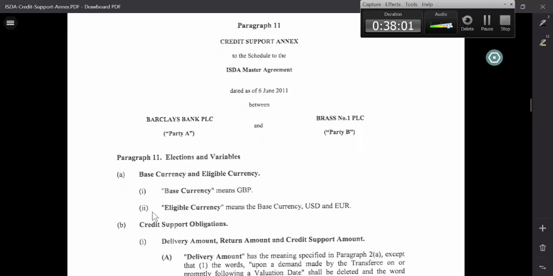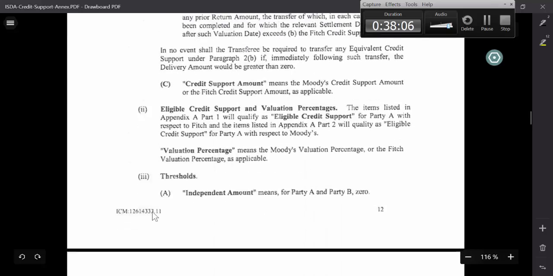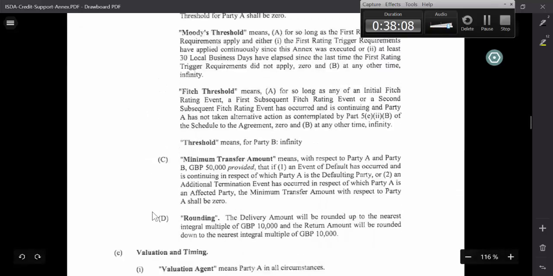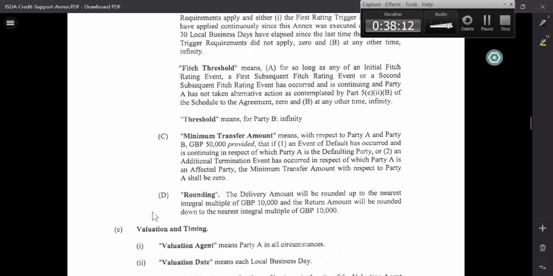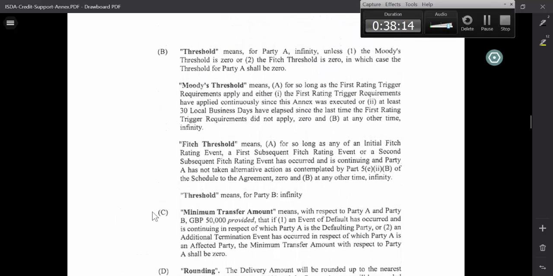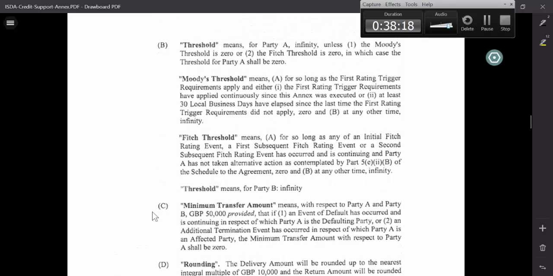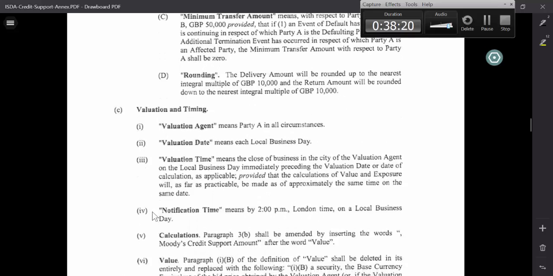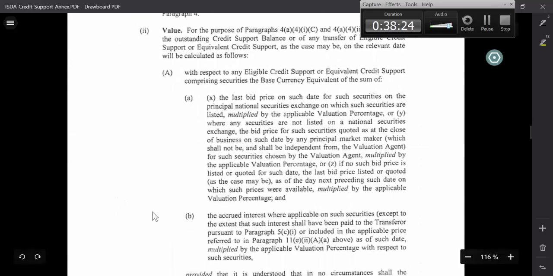So these are the actual details, and this one's a bit hard to read. Let me try and find, I think I have another copy.